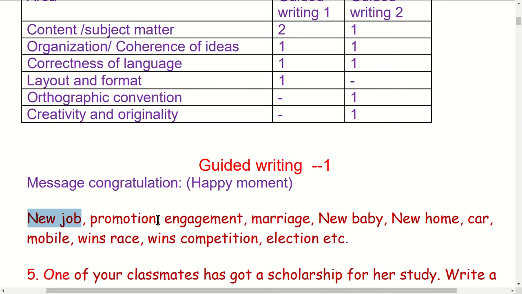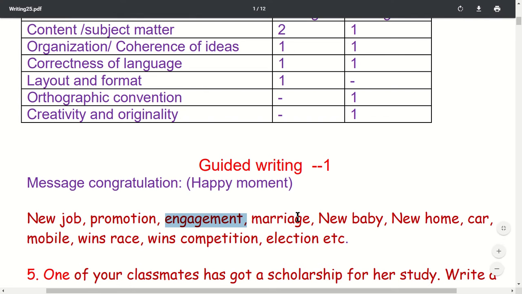Somebody who is promoted to a higher position, an engagement, a marriage ceremony, a family that gets a new baby, somebody who gets a new home, a car, or buys a mobile, somebody who wins a race, a competition, or an election.